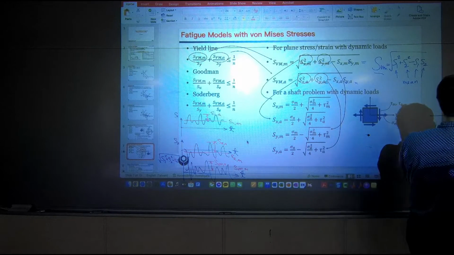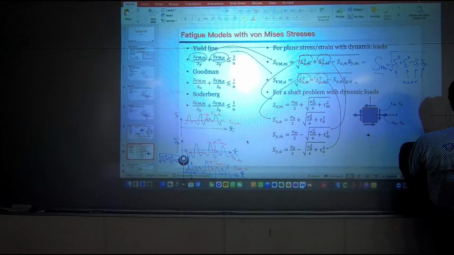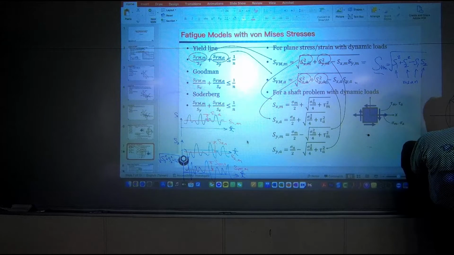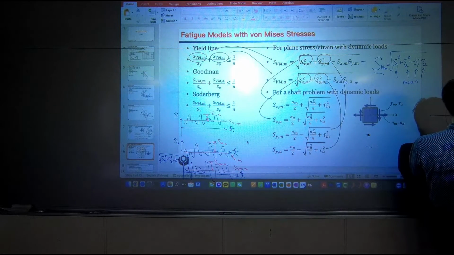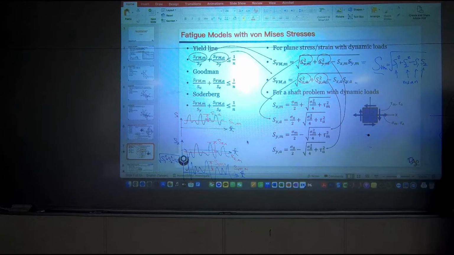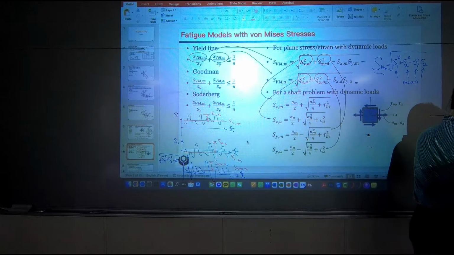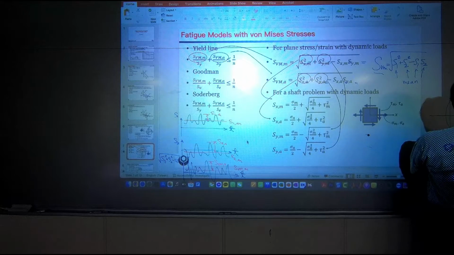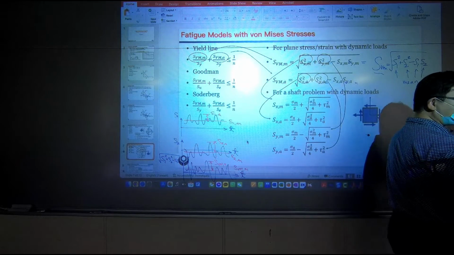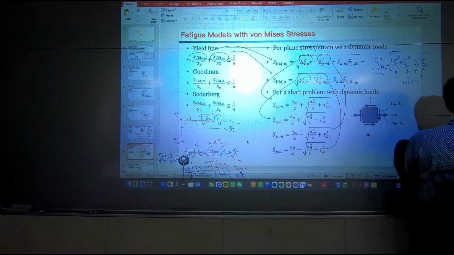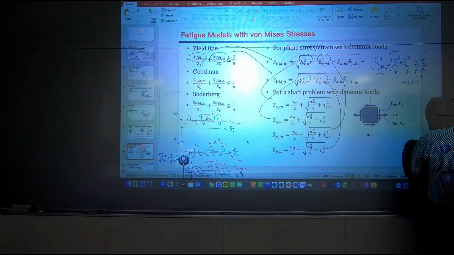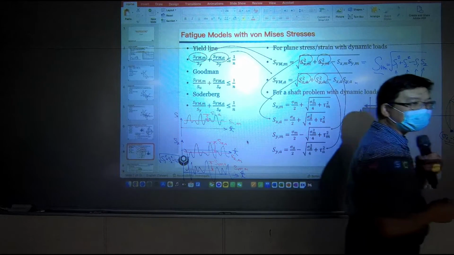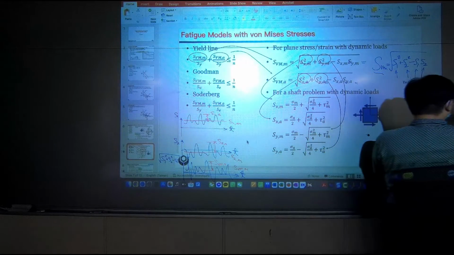This is its mean, and it will be fluctuating left and right because of the amplitude. Due to the fluctuating behavior of sigma 1, this point moves left and right in your Mohr circle.